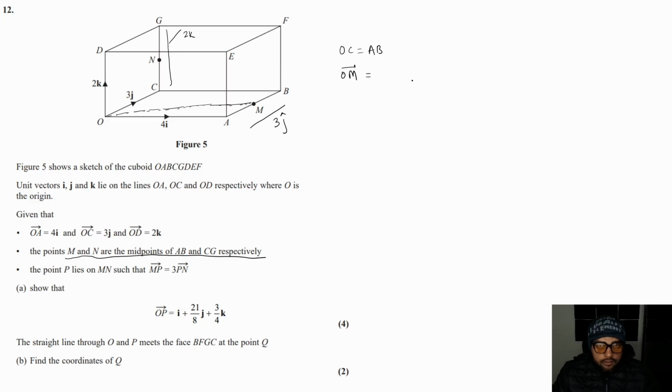In this part, AM we can say easily will be equal to 3j by 2. In the triangle OAM, OM will be equal to OA vector plus AM vector. This is visible here. So OA vector is 4i plus AM vector, which we have calculated as 3j by 2. OM vector we have got.